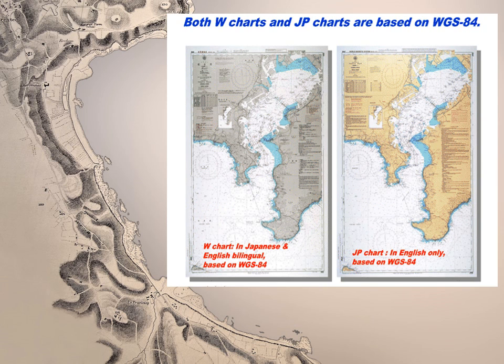So here are two examples of Japanese charts, with the prefix W90 and the JP chart. They differ only in the color of the land, which for JP90 is yellow, while for W90 it is gray.